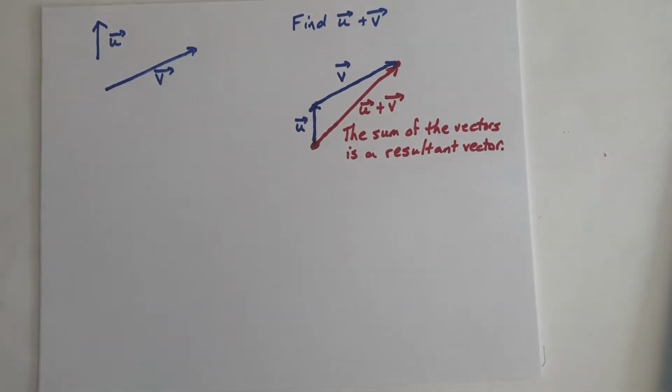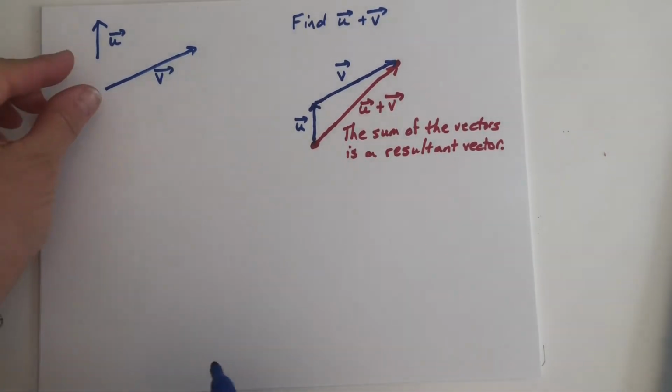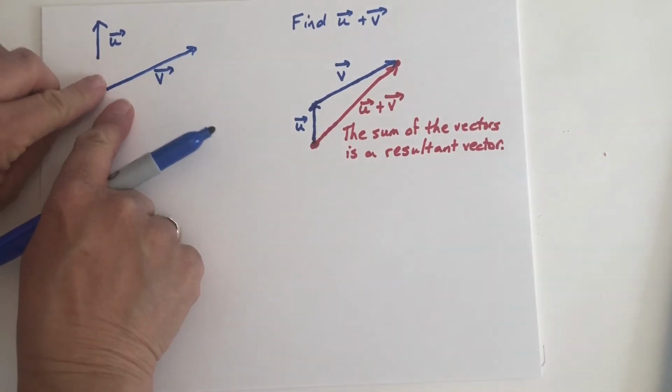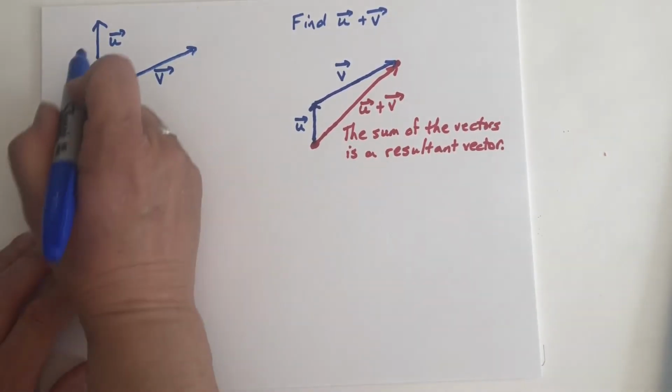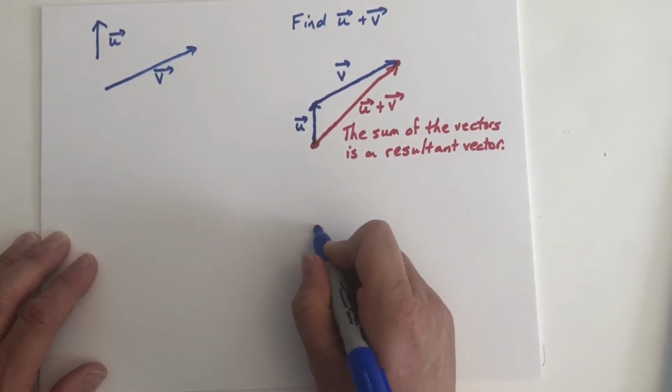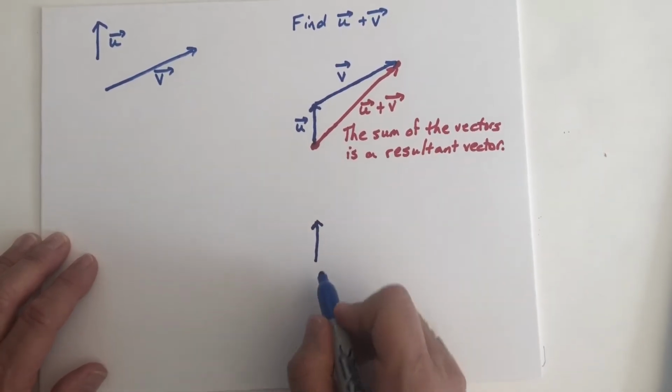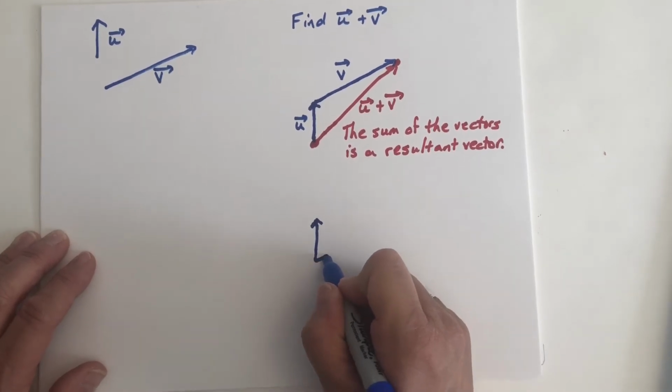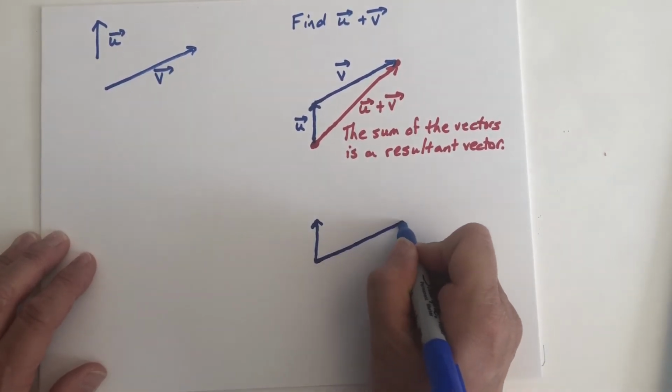There is another way that sometimes people find the resultant vector, and that is by building a parallelogram. If in fact we took these two vectors and put the initial points at the same place, you might be able to hear my dog barking. So we'll draw these.